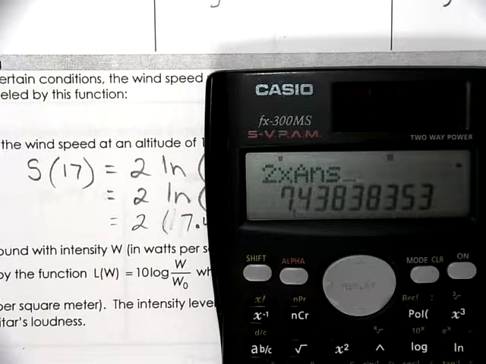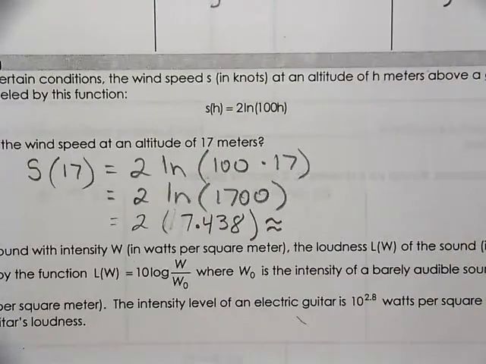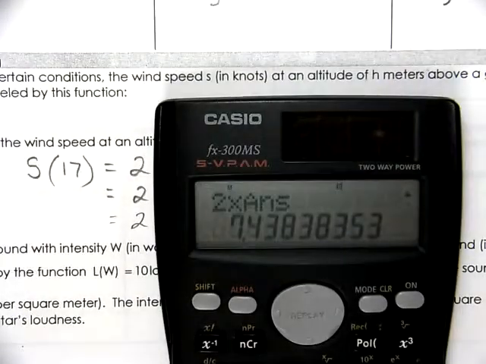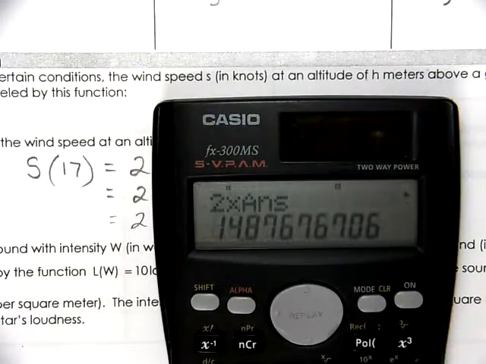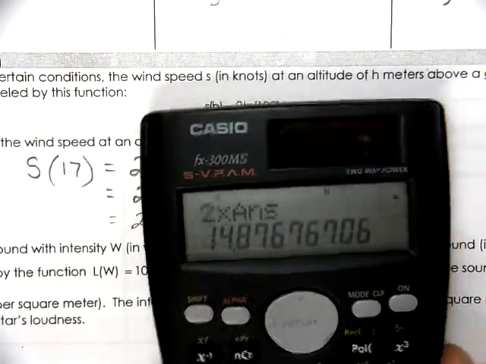The answer button on the TI-84 is next to the enter button, underneath the 3. It's on the negative. So we're going to get 14.877.